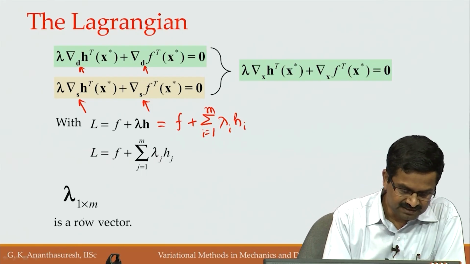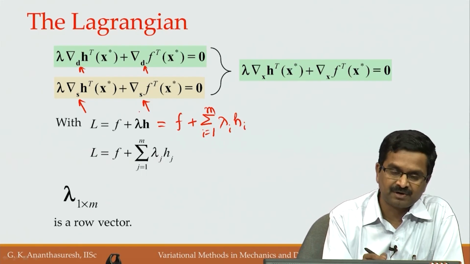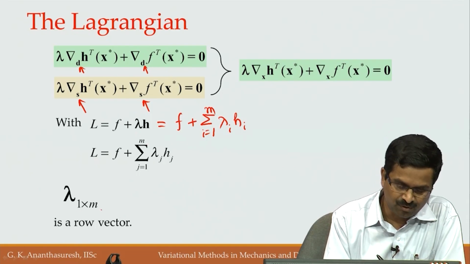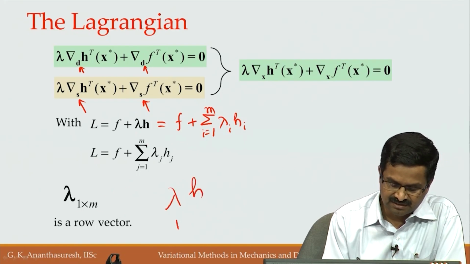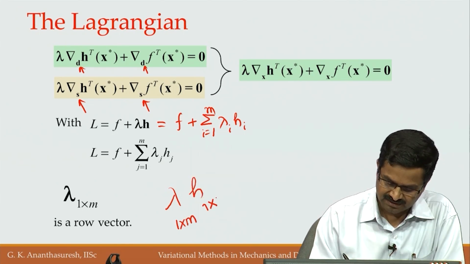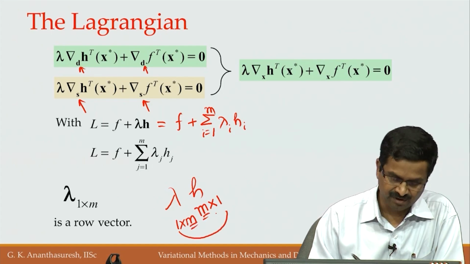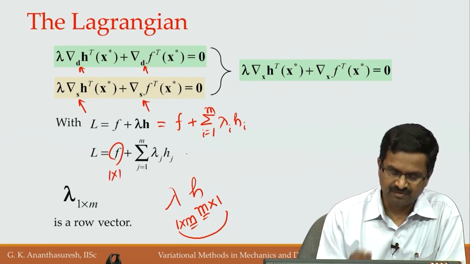Note that lambda is a 1 by m row vector when we write it like this. Otherwise, I would have to put lambda transpose. This is 1 by m, this is m by 1, so you are left with 1 by 1, a scalar.